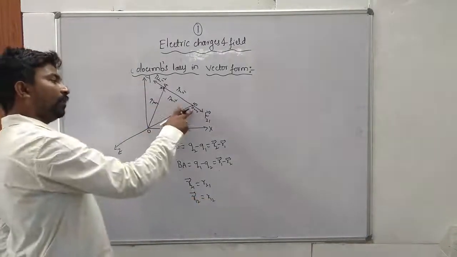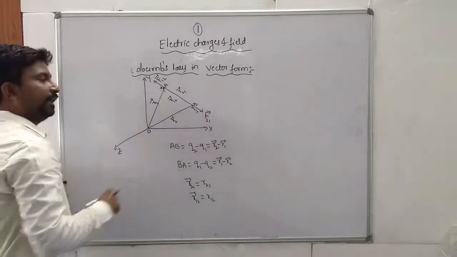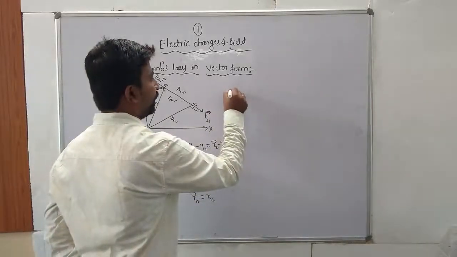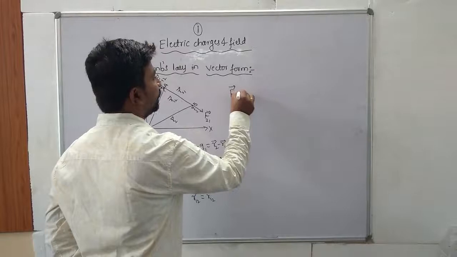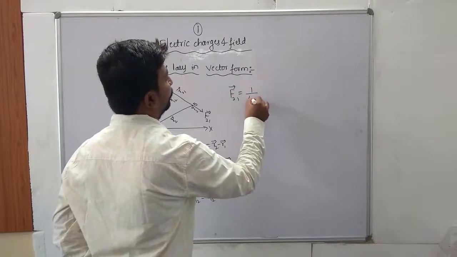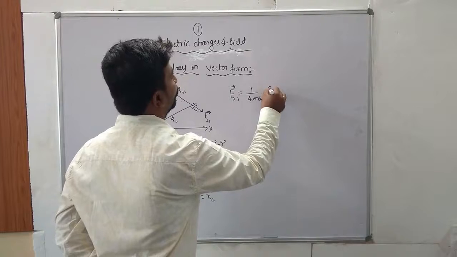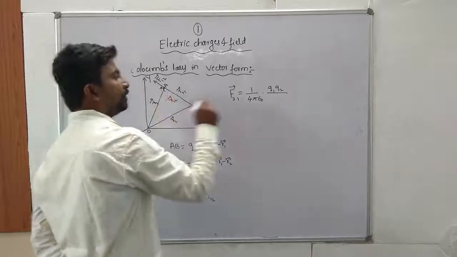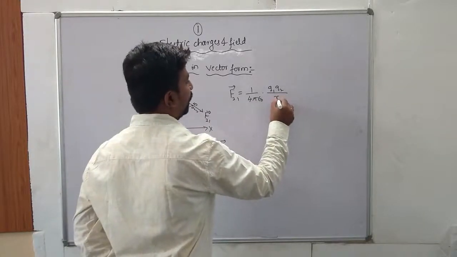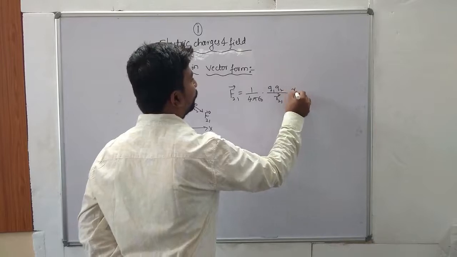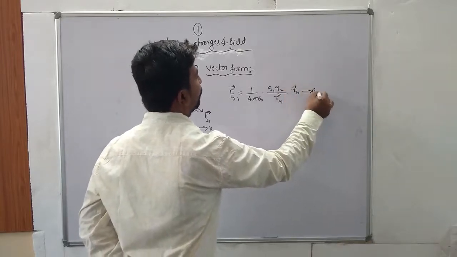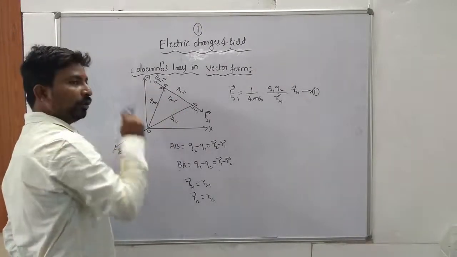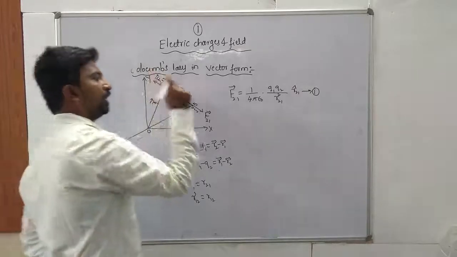The force on Q2 due to Q1 is denoted by the force F21. So therefore F21 is equal to 1 by 4 pi epsilon naught Q1 Q2 divided by R21 square into R21 cap. So this is equation number 1. Similarly, the force on Q1 due to Q2 is denoted by the force F12.